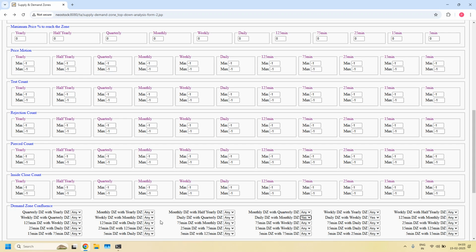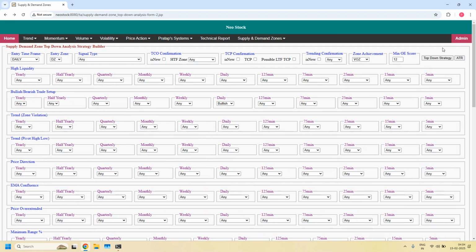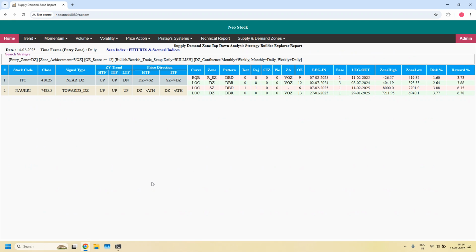And the third filter is ITF and HTF zone confluence, that is weekly and monthly demand zone confluence. With all 3 filters enabled, we got 2 stocks. These 2 are an even higher probability trade setup if they have EMA confluence.